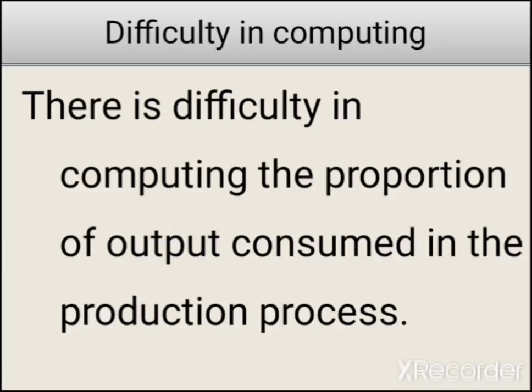So this is one limitation of the output approach, that there is difficulty in computing because some of the products consumed during the production process are not captured by this method. A farmer that harvests his products before they get to market, during the process of harvest farming, some of the products are consumed by the farmer. So those products are not captured in the output approach.